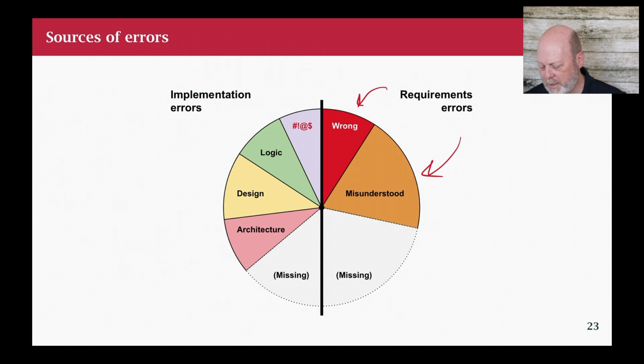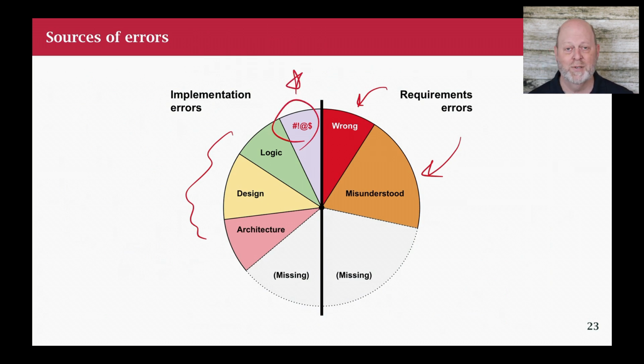And on the left-hand side, again, we've got the high level, the mid-level, the low-level logic, and this category of dumb mistakes that just happen. And then there's the interesting thing going on here: the requirements that are missing, and on the lower left, the code that is missing. Now, the code could be missing for any of the reasons on the right.